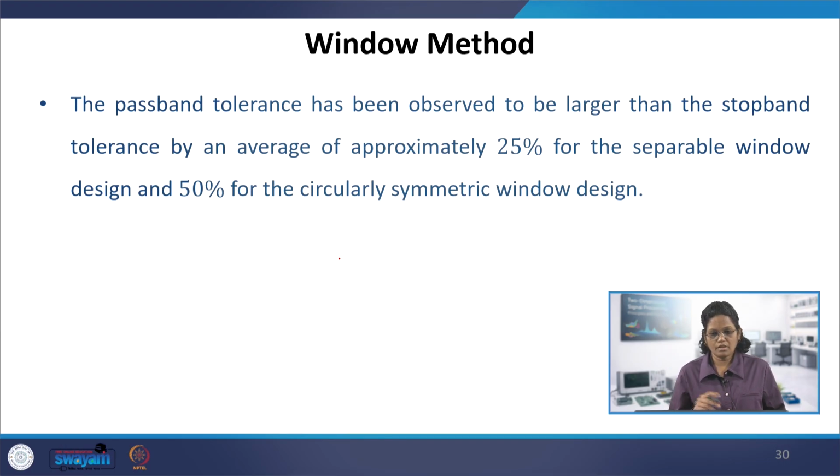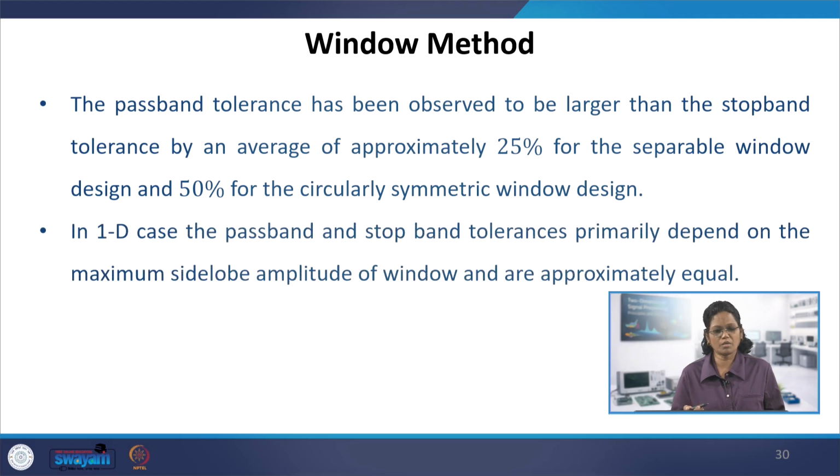If we take the two window types that we had used in the design, unlike the 1D case where passband ripple and stop band ripple are almost equal, that is 1 plus delta p and 1 minus delta p in the passband, and the stop band delta s is actually depending on the window shape.